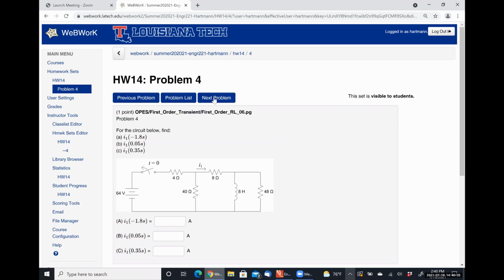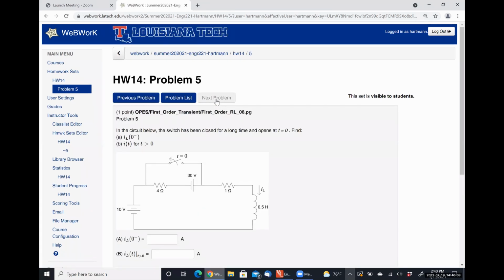This one right here is a natural response problem because the voltage source is being removed from the circuit. And this one right here is a total response problem because the 10 volt source is always connected.